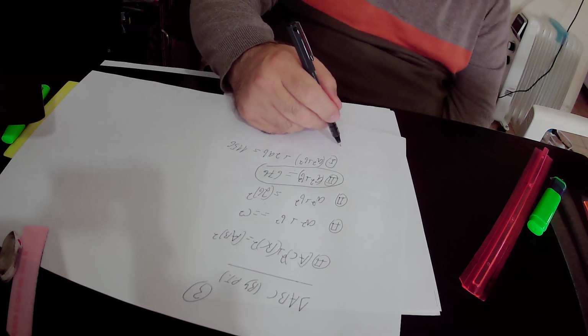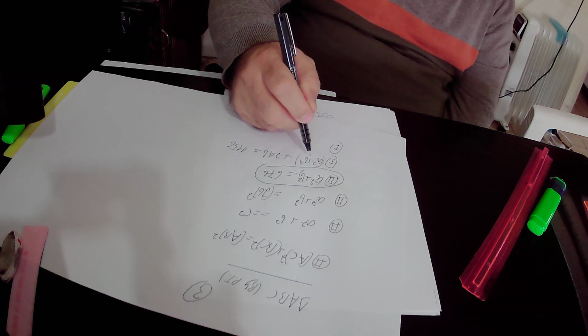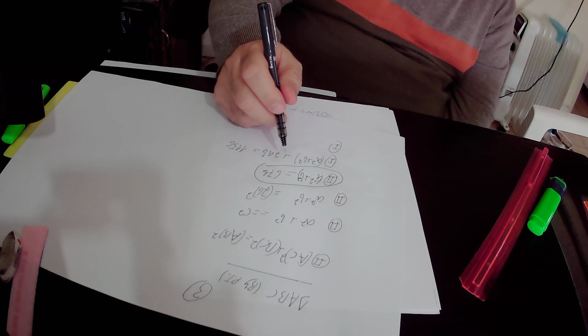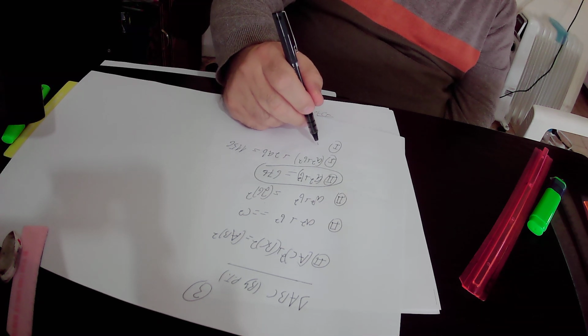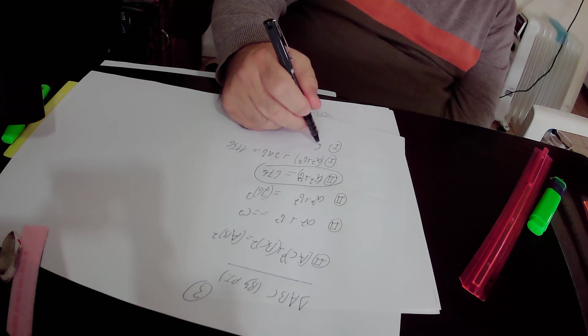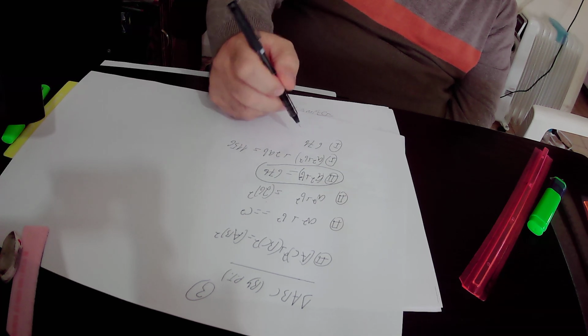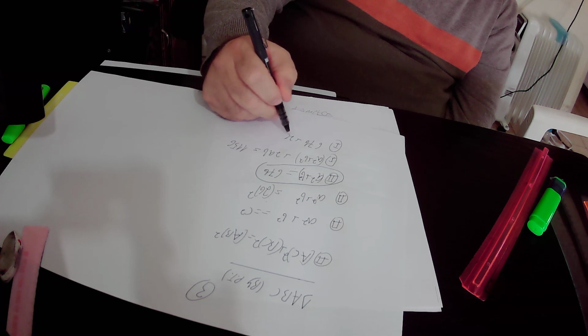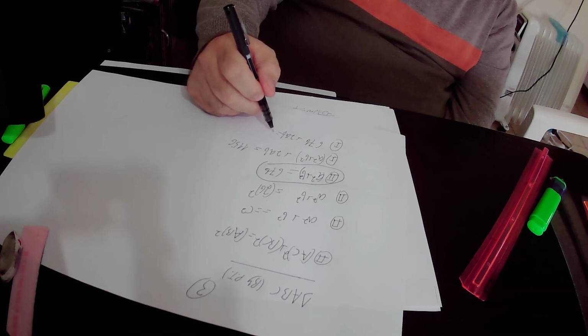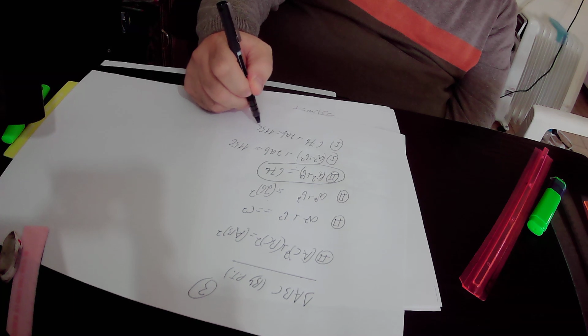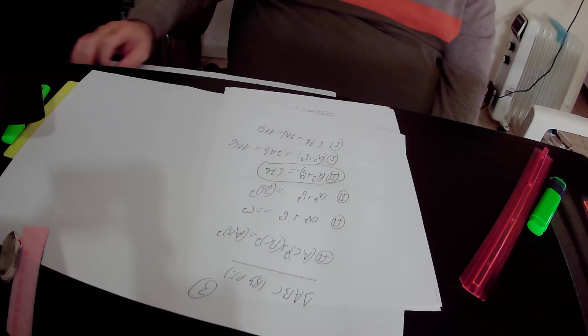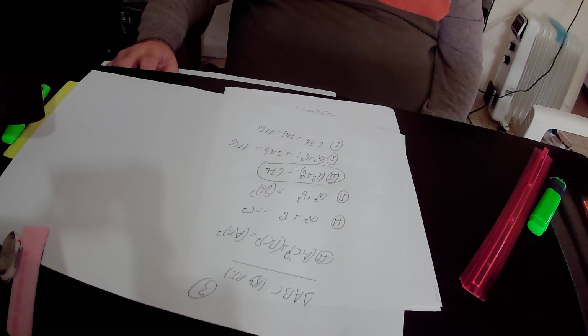So we get 676 plus 2AB equals 1156. Okay, so we subtract 676 from equation number 1.